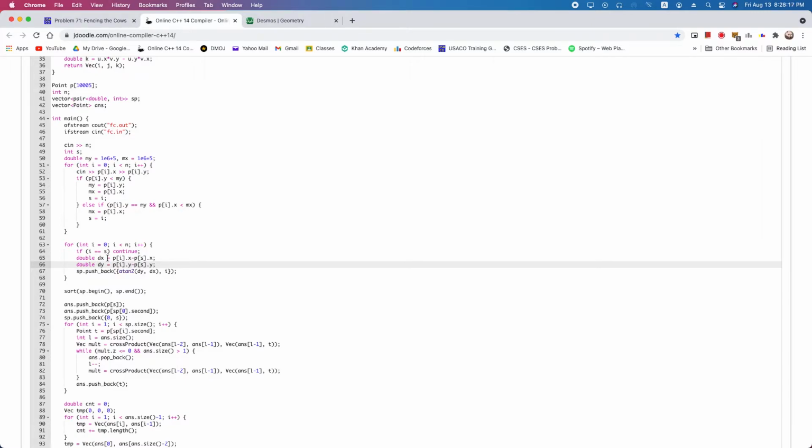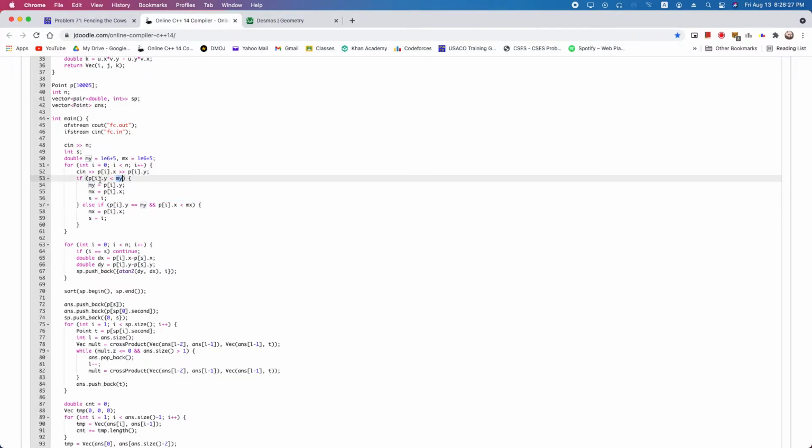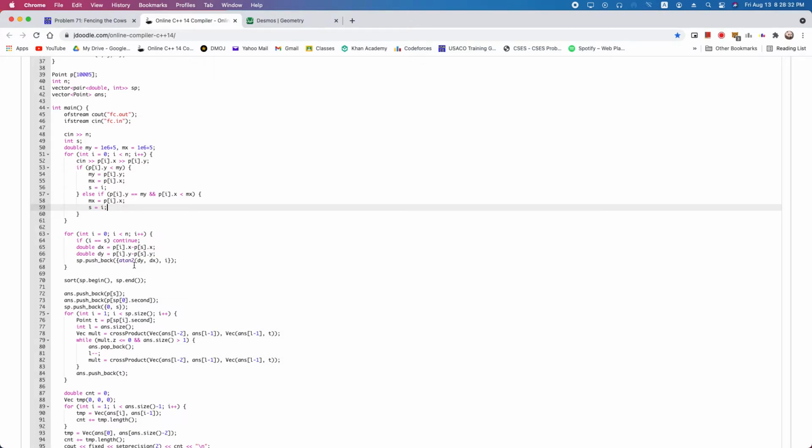To get the angles, we will get the change in y and change in x for each of these points in comparison with our origin, which we found here by comparing the minimum y and minimum x. To get the angle, we know that tangent is the change in y divided by the change in x, so you can use arctangent to get the angle.